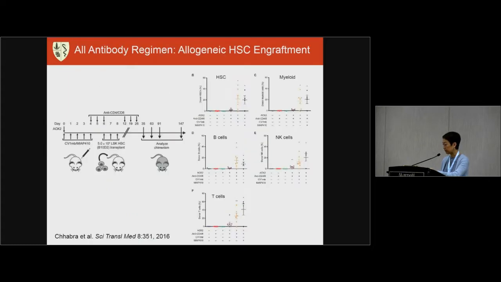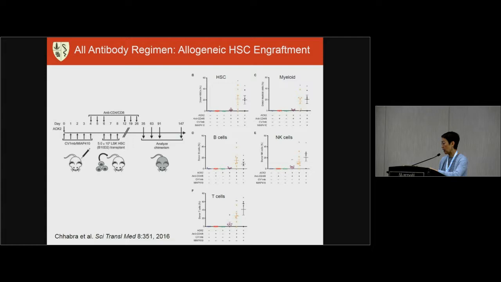And then our last data slide I'm going to show you is, of course, we want to see, will this work if you're crossing allogeneic barriers, because it's been our goal that we're going to be able to use an all-antibody regimen eventually. So what Akanksha, Kip, and Aaron did was to now transplant across an allogeneic barrier. These are actually MHC-matched animals.